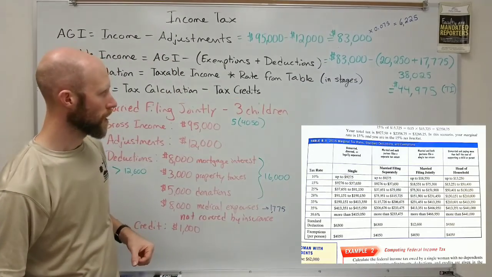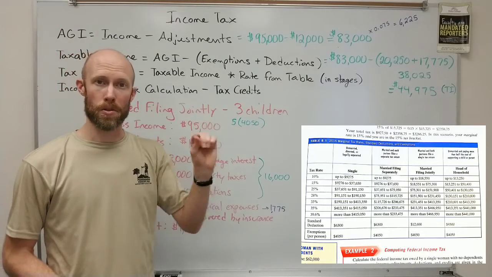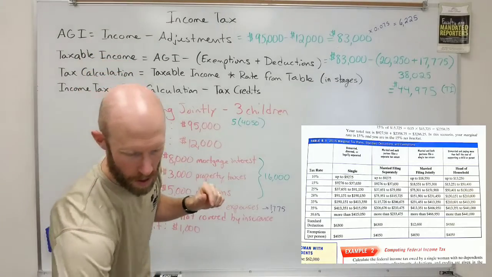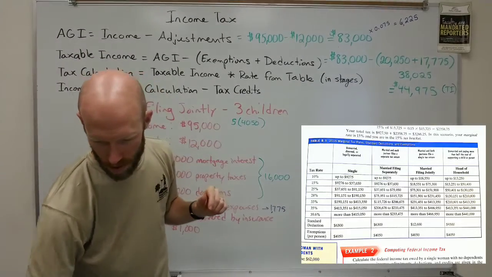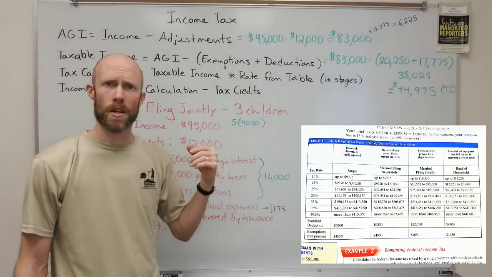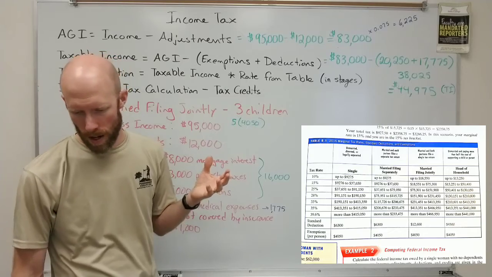And in that column, you've got multiple cells. The first $18,550 comes off and applies at a 10% rate.